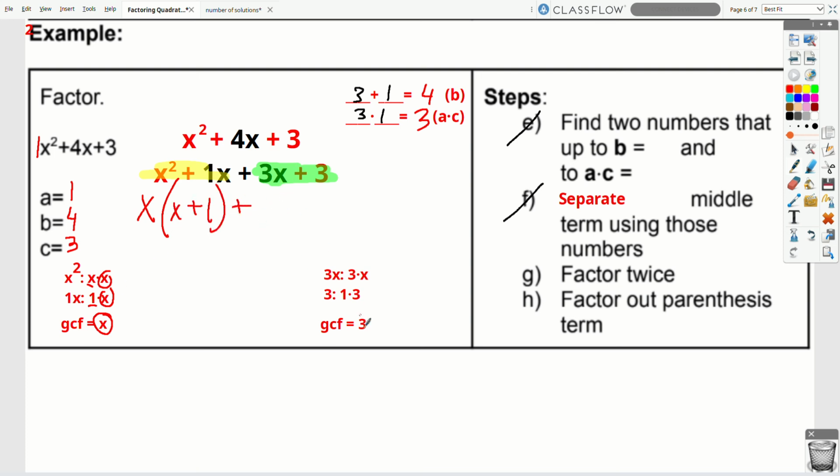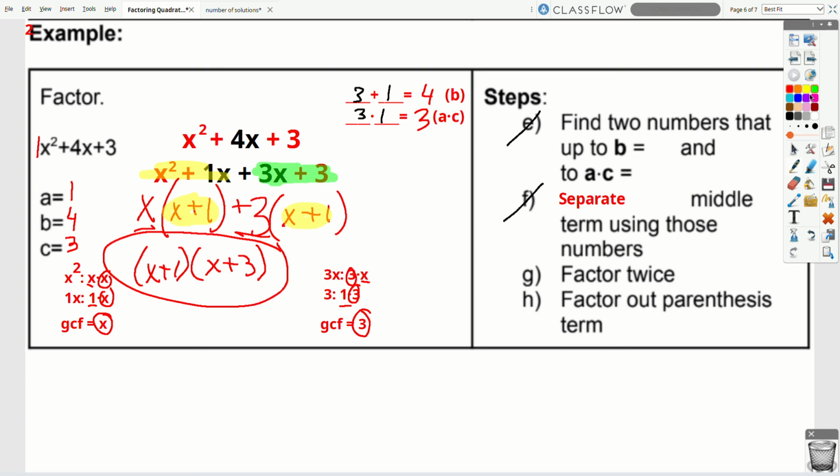The GCF of the second was 3, and then we have x plus 1 also left over. Then we do that last weird step where we factor out this x plus 1 in front, which gives us x plus 1, and then this x plus 3 is left over, giving us our final answer.